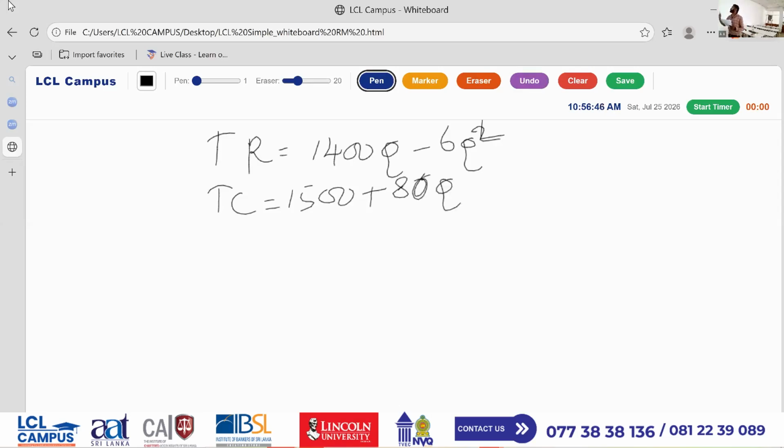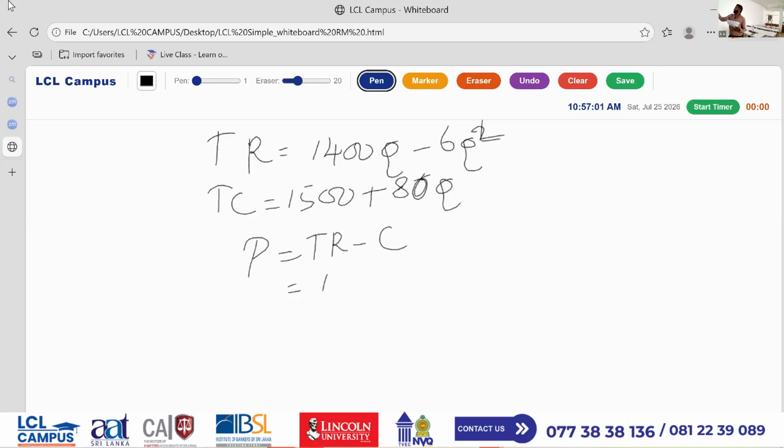Where Q is the quantity of units produced and sold. You are required to identify the profit function. Nothing. Profit equals revenue minus cost.